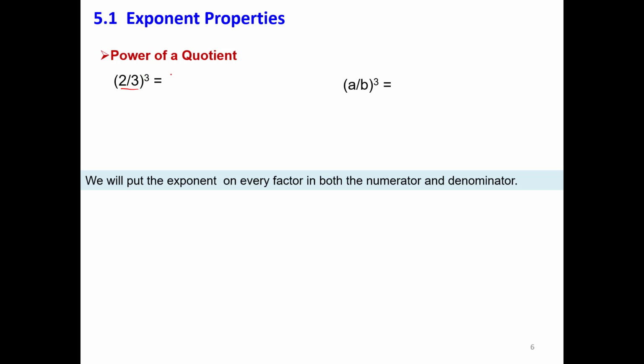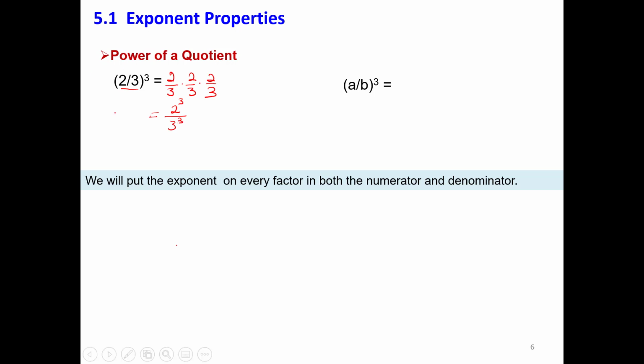Then 2/3 times 2/3 times 2/3. Now we can write this as 1, 2, 3 divided by 3, 1, 2, 3.